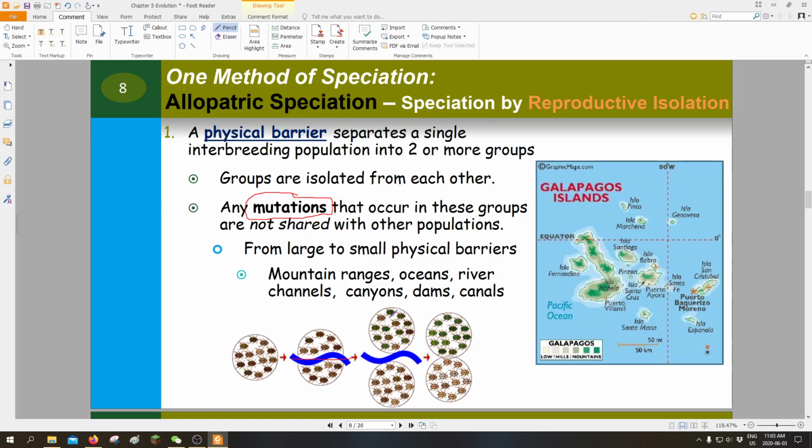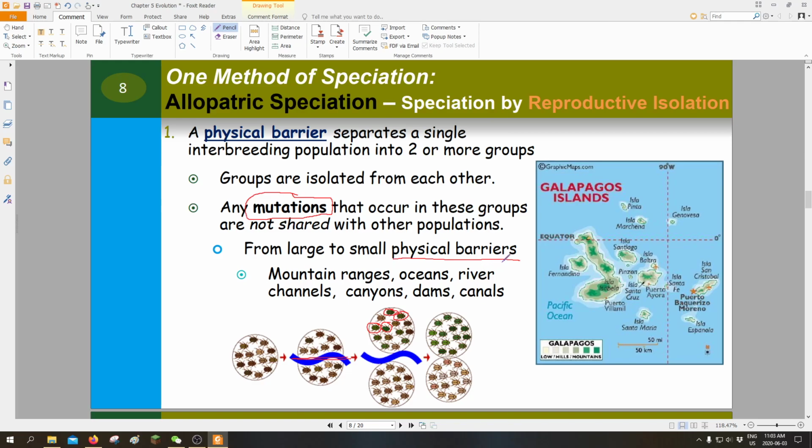As you can see over here, these brownish bugs are geographically isolated from one another. Then you start getting some green mutations here, okay? Are those mutations shared with the other group over here? No, they are not. Why? Because they are geographically separated by these physical barriers, okay?